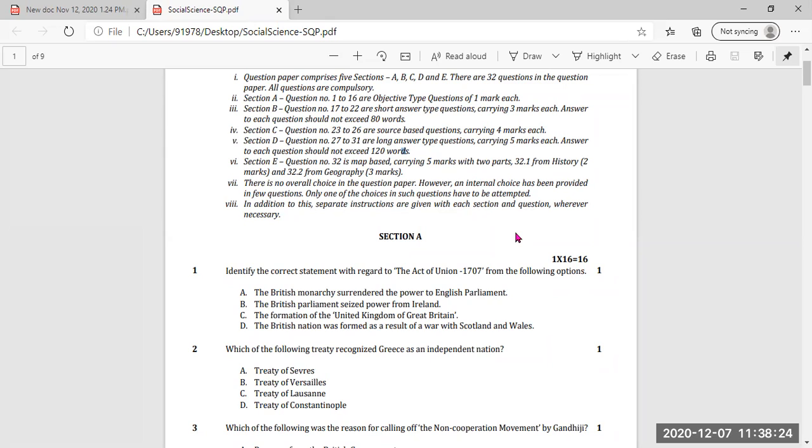If you have not read the instructions carefully, it will be very difficult to give you full marks. So please read whatever instructions are given in the paper carefully and attempt the paper accordingly. Am I clear?